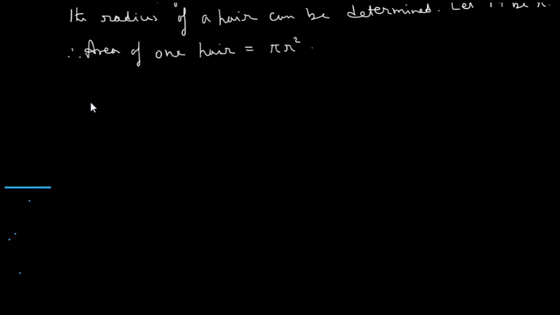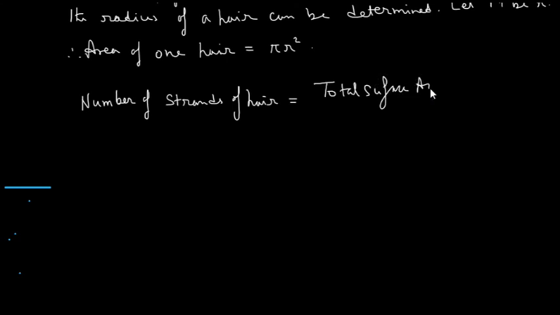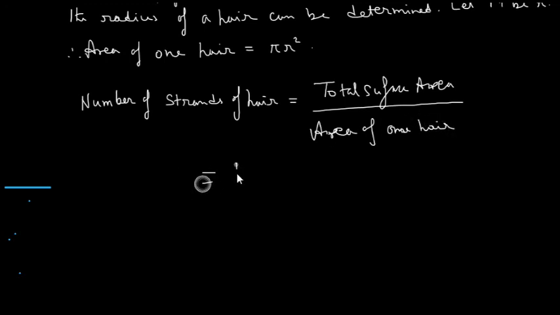Now, number of strands of hair is equal to total surface area upon area of one hair, that is A upon r square.